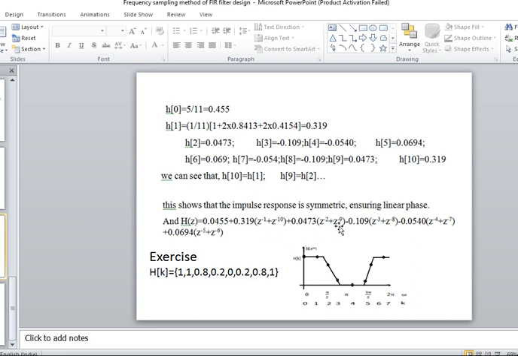And this is h9 at z to the power minus 9, because h9 and h2 are the same, so we put them together like this.